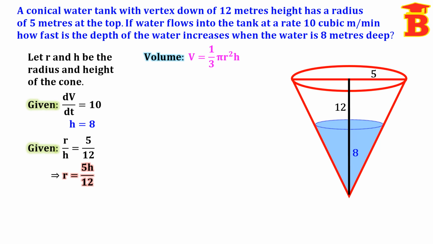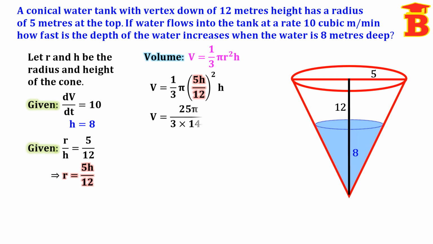So for that, we have this R value, that is R equal to 5h by 12. Substitute here. So V equal to 1 by 3 pi into R square, R is 5h by 12 whole square into h.